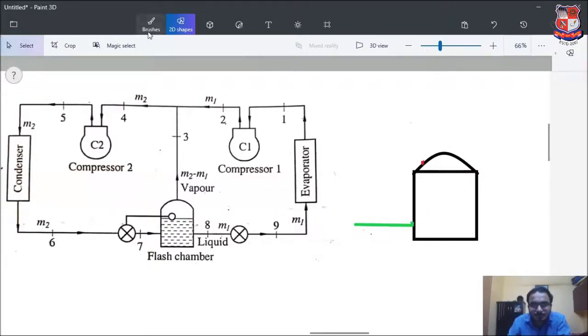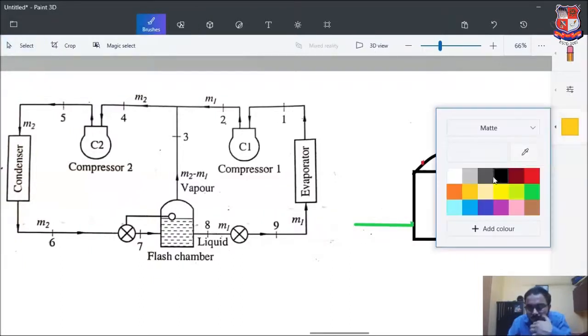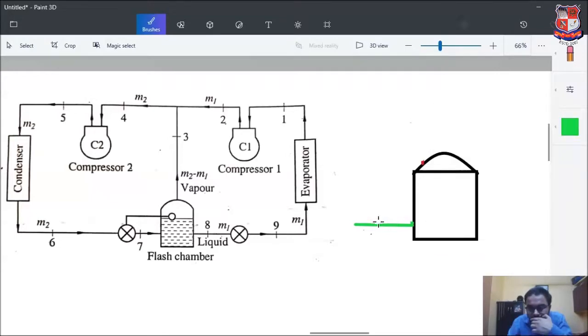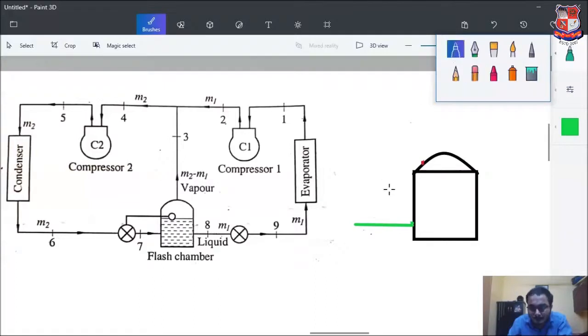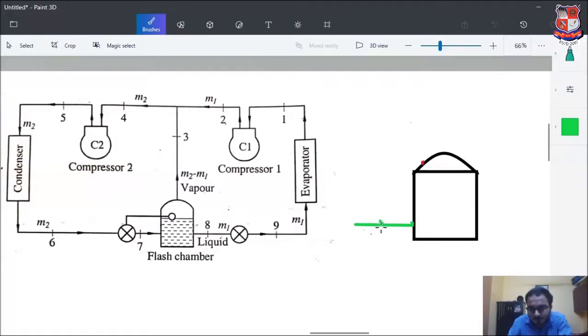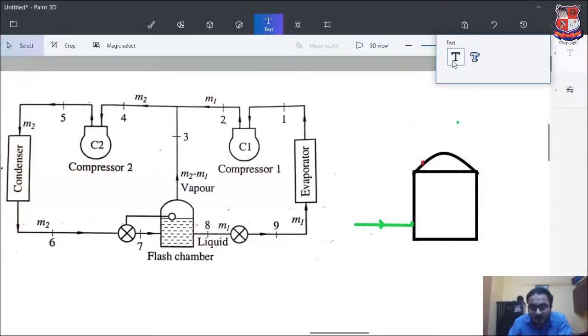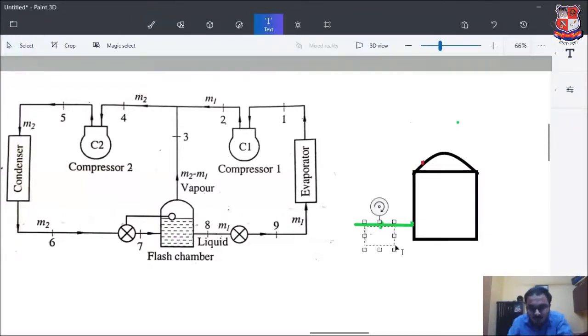As you can see in this figure, this condition will be M2H7. Okay, then what else do we have? The remaining, if you see here, this is M1, which is liquid state, condition 8.